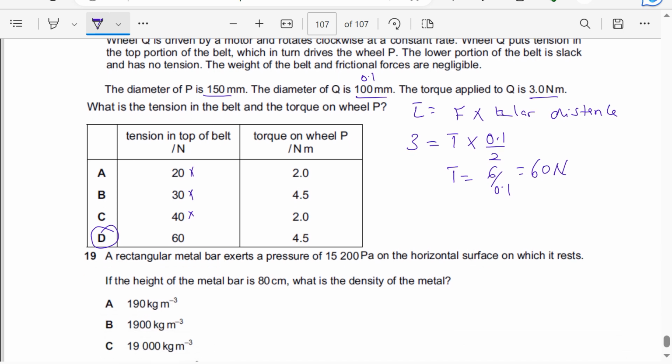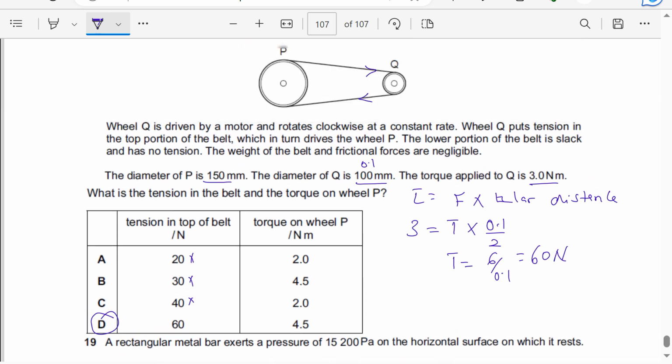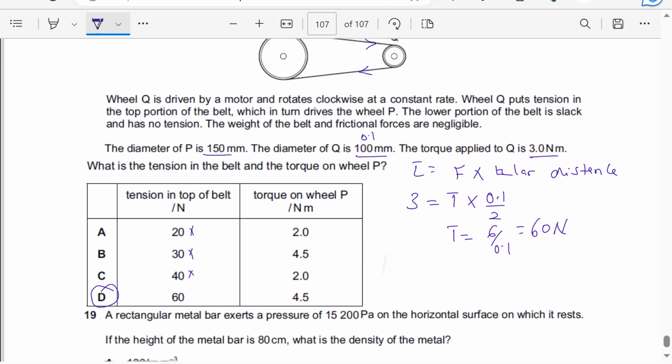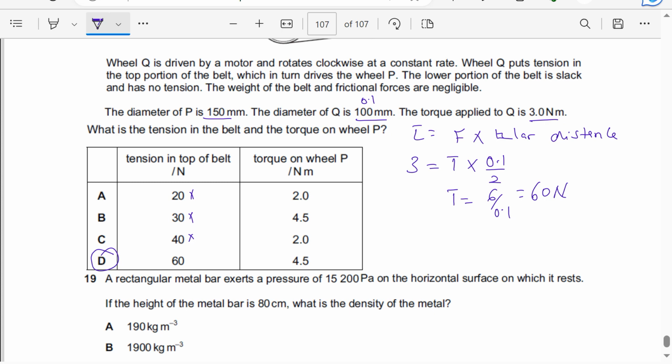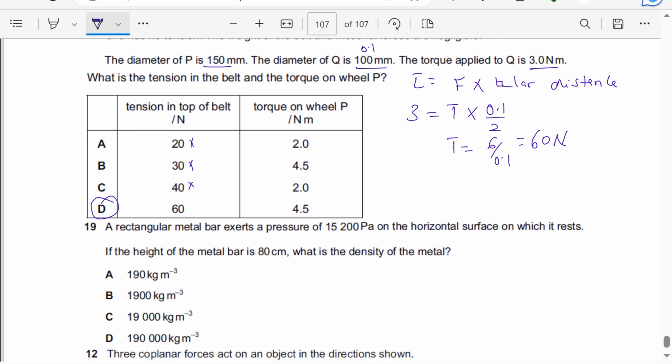You can check the torque on wheel P. If the tension is 60 newtons, what is the torque on wheel P? You can check by considering the diameter of wheel P, where you get the radius by dividing it by 2.